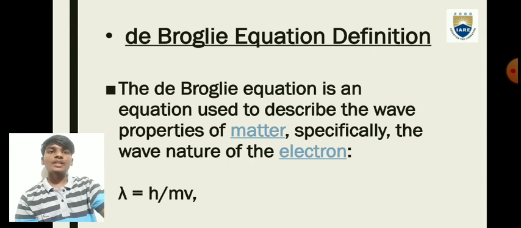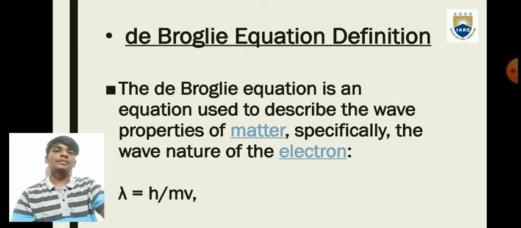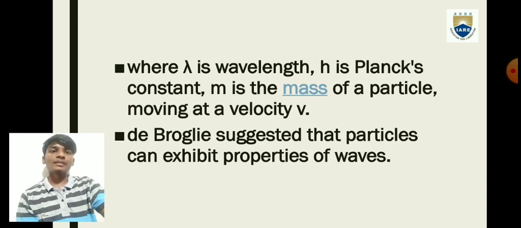De Broglie equation definition. The de Broglie equation is an equation used to describe the wave properties of matter, specifically the wave nature of the electron, that is lambda is equal to h by mv, where lambda is wavelength, h is Planck's constant, and m is the mass of the particle moving at a velocity v.